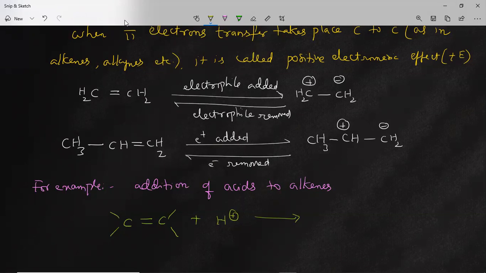One of the electron pairs here, the pi electrons, shift towards one carbon. Then the other carbon will become positive. On the negatively charged carbon, the electrophile attaches. That is called plus E effect. So in this, there is also a positive inductive effect of the methyl group. Earlier what we have shown, the methyl group causes pi electron transfer from carbon to carbon, and there are also other possibilities that we'll see.